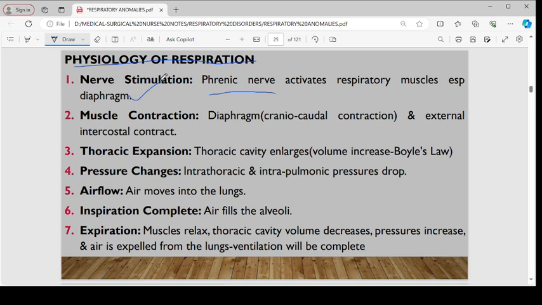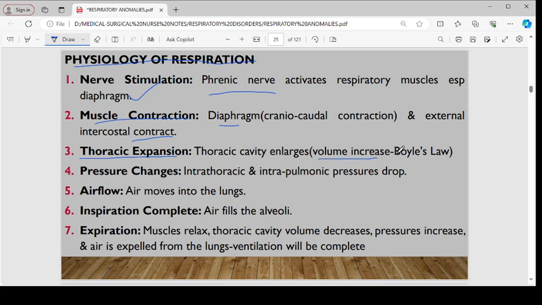When the muscle is activated, the diaphragm will contract in a craniocaudal manner, and the external intercostal muscles will also contract. When this happens, it leads to thoracic expansion. The thoracic cavity enlarges, and this increases the volume.